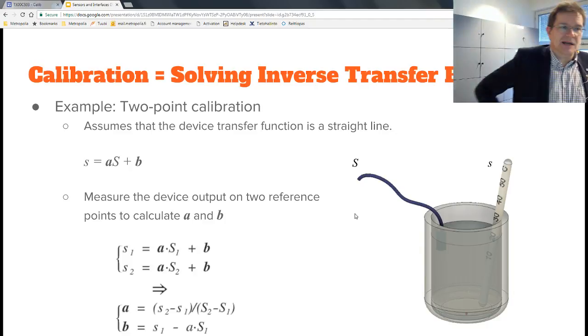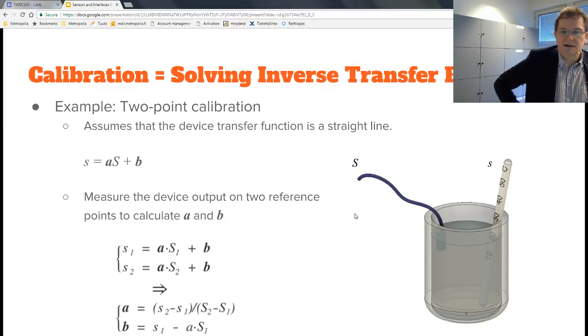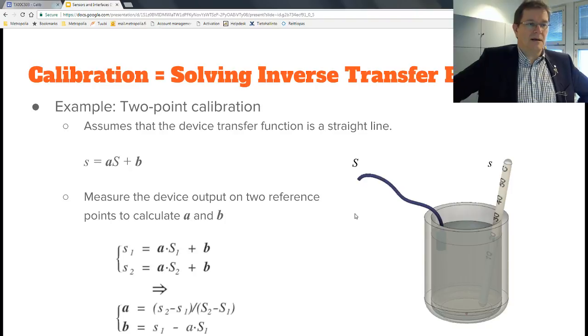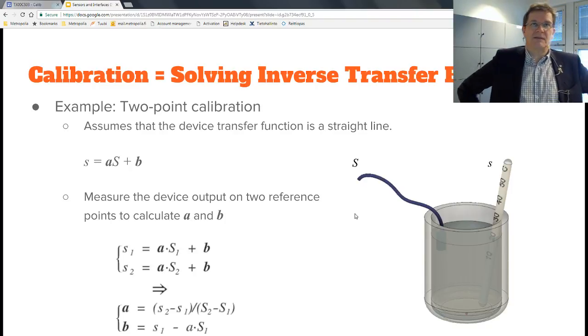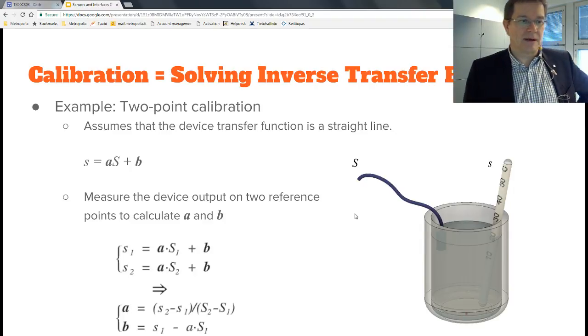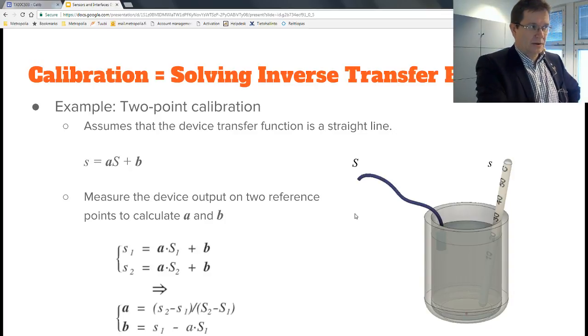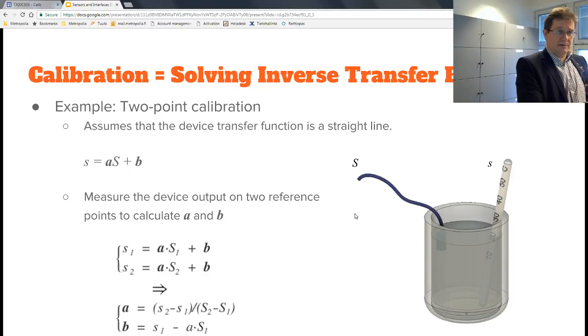What it does is assume that the device transfer function is a straight line, a first degree polynomial. So an offset constant b, and then you have this slope constant a that define the whole calibration curve. And there's no magic in it. This is something you learned from high school.